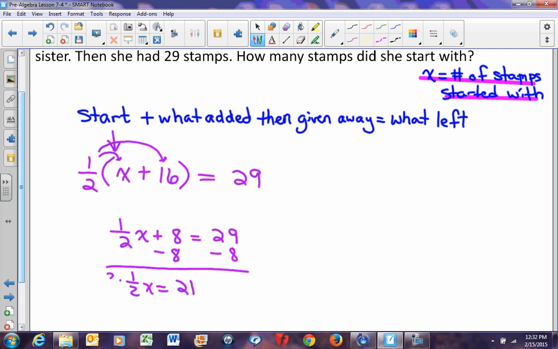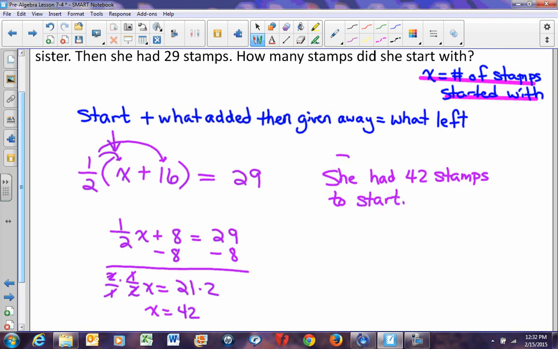Multiply both sides by 2 to get rid of the fraction. These cancel out, leaving me with x equals 42. So the number of stamps we started with was 42. Of course, we started with 42 stamps. I don't care how you write it.